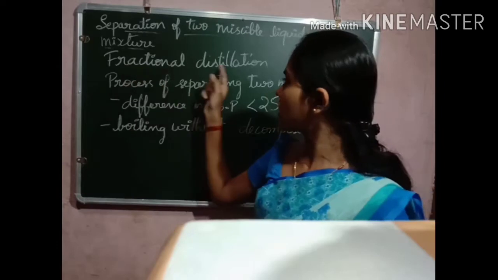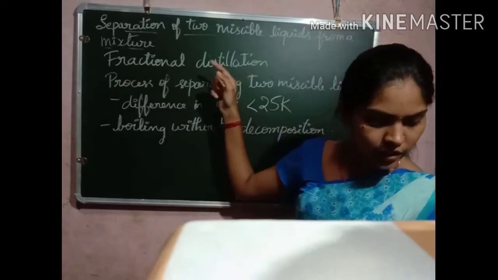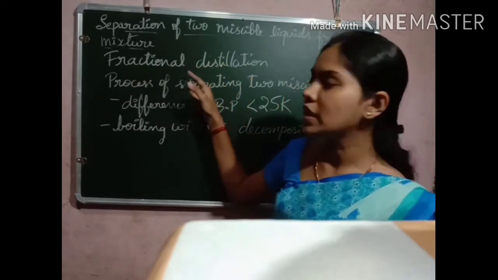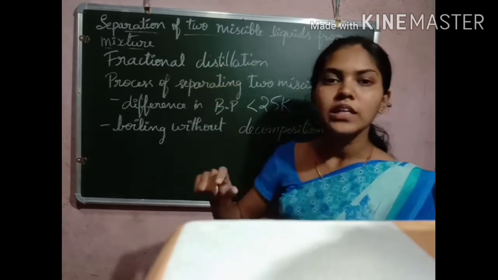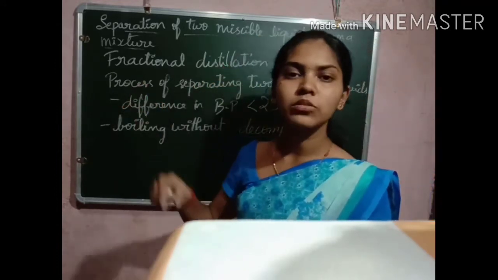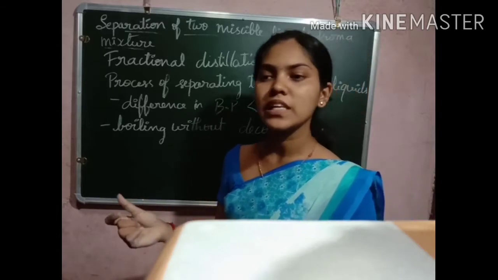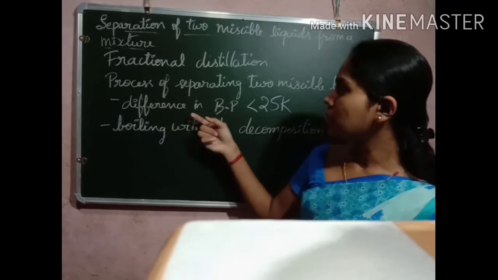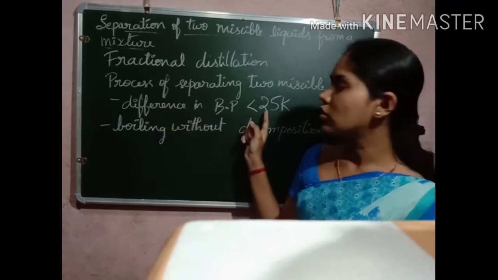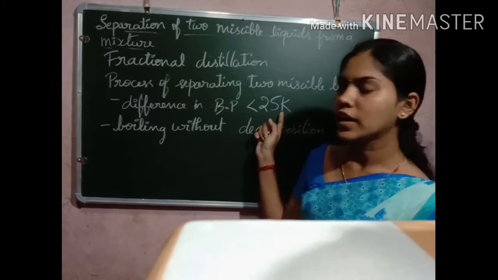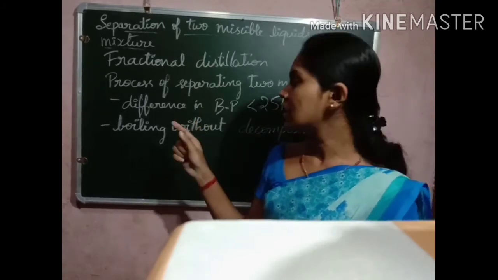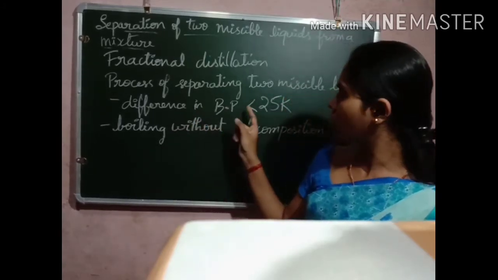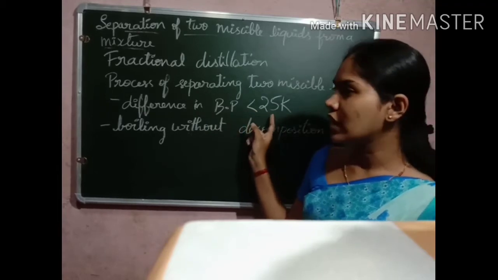In order to separate the petroleum products, we use the fractional distillation method. This process is similar to simple distillation, but the difference is that the boiling point difference should be less than 25 Kelvin.